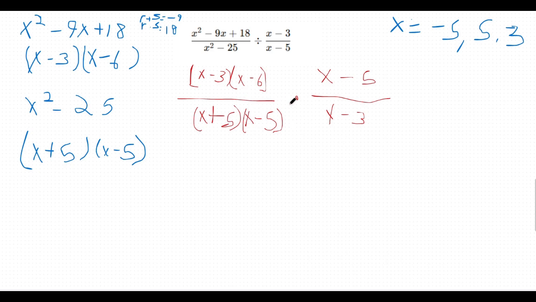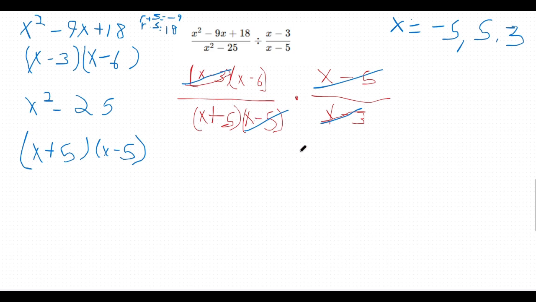All right, take a look at this and understand that we have some terms that can cancel out. X minus 3 cancels out with x minus 3. X minus 5 cancels out with x minus 5.